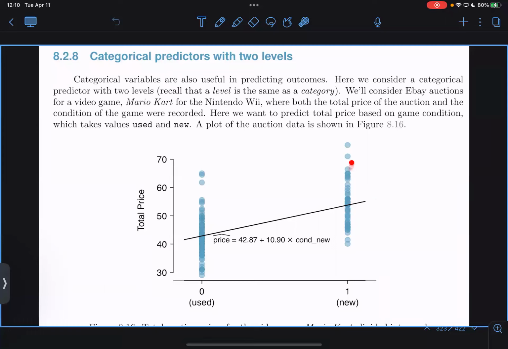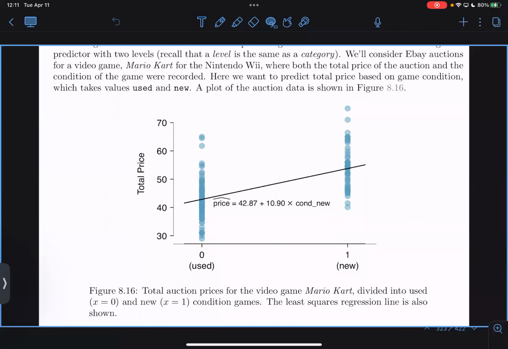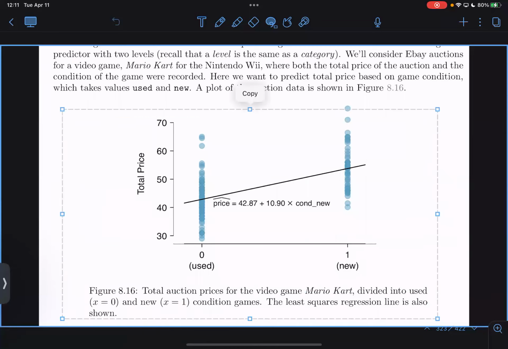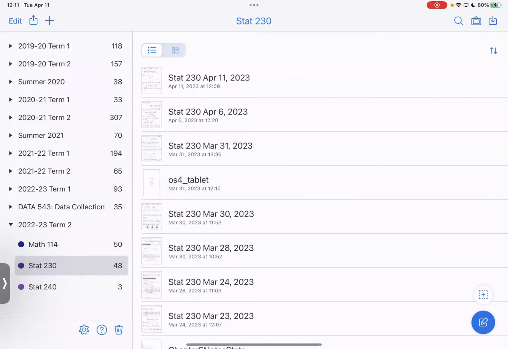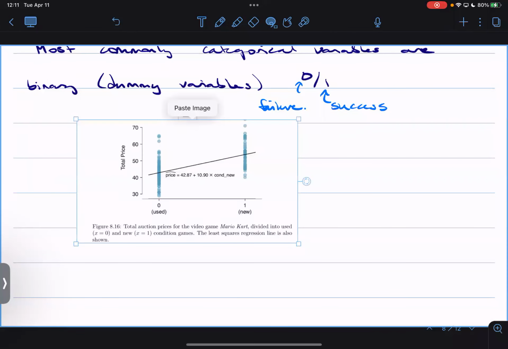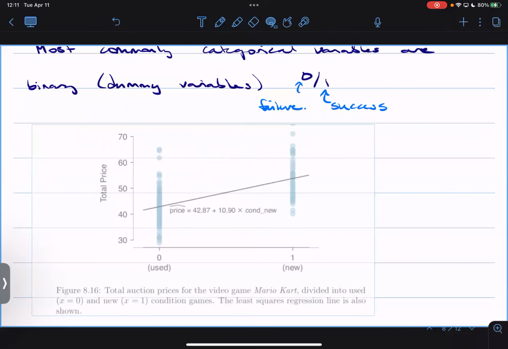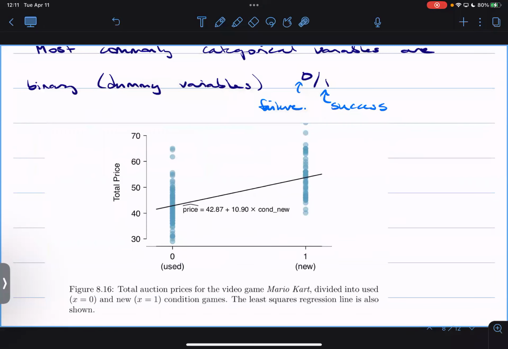And what we see here is that, okay, well, it looks like overall, right, the price that you were able to charge for a new game was higher than a used game, right? And so here, and I'm just gonna copy. I cut one of the dots. Hopefully you'll survive. It's still there, but so here we have the predicted price, right?